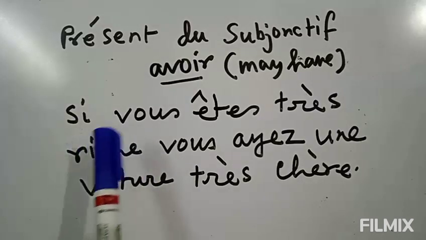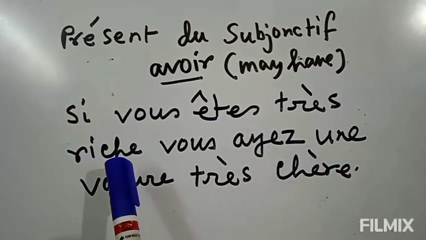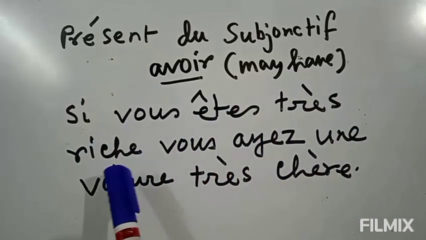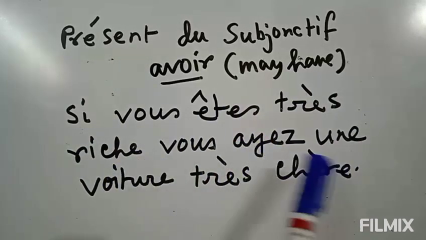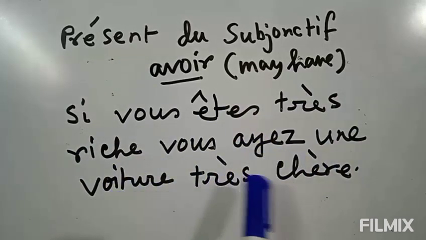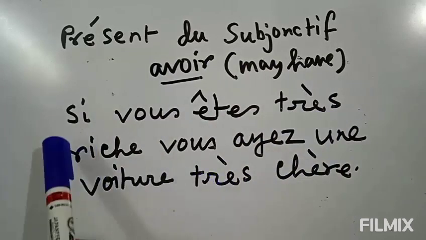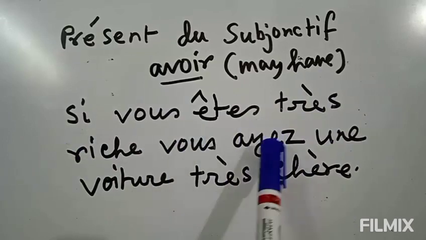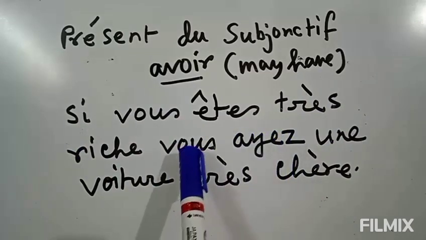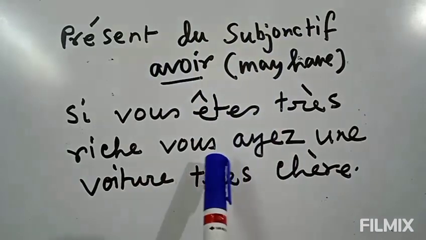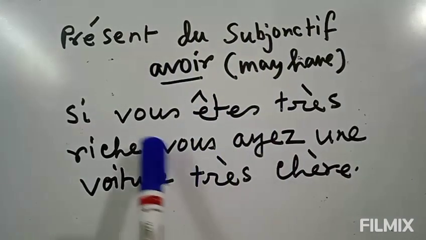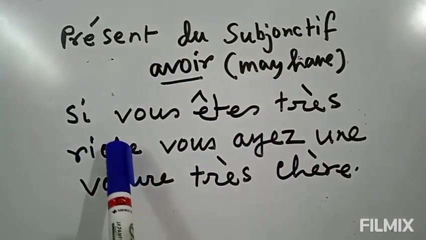The English meaning is, if you are very rich, that is, if you are a very rich man, you may have a very expensive car. This is the main thing: may have. This is the application of the présent du subjonctif in this sentence. Okay. It depends on a condition.